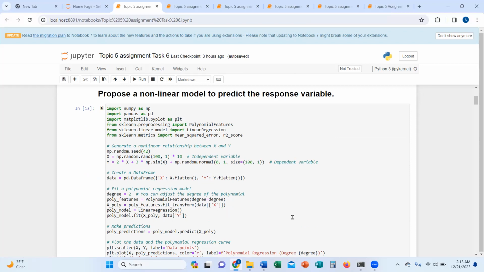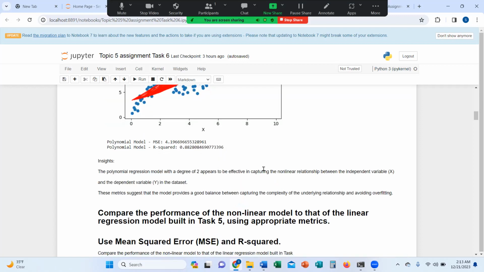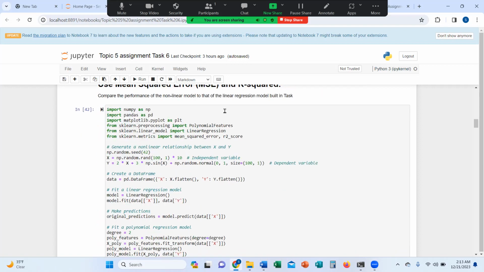The adjusted R-square for the polynomial regression has a higher value that might be a better fit for the data considering the degrees of freedom. This is the graph that I have here.